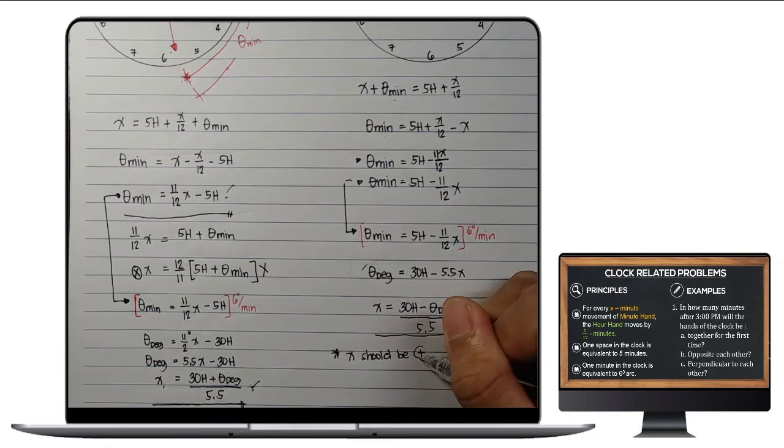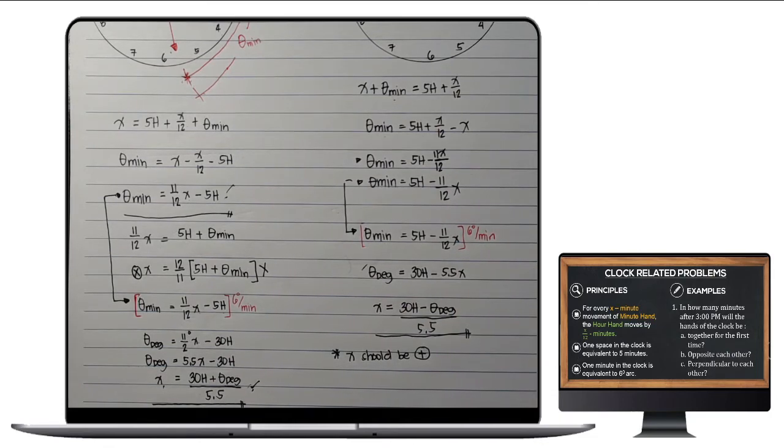Dapat positive lagi yung masosolve natin na x. Okay? So, at all times. Ibig sabihin, even without sketching, as long as positive yung lumabas sa ating sagot na x, dapat tatama tayo lagi.